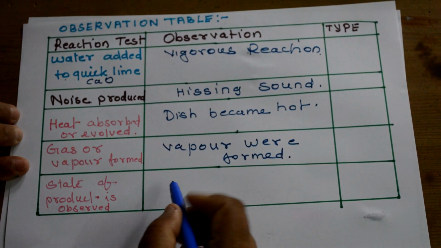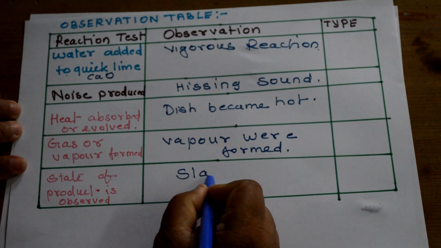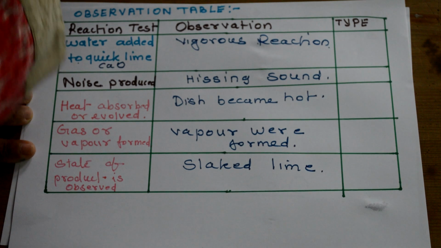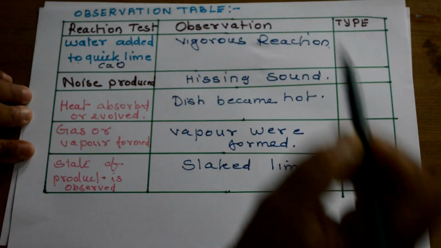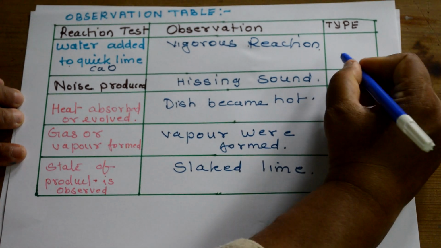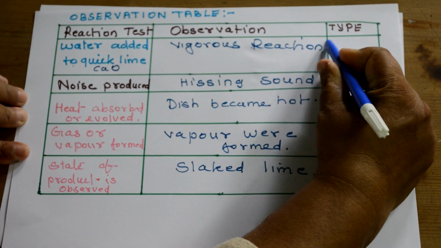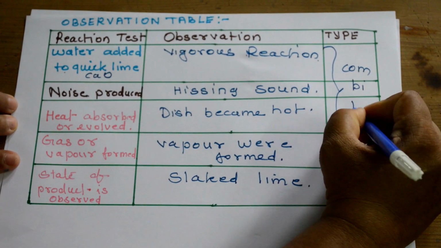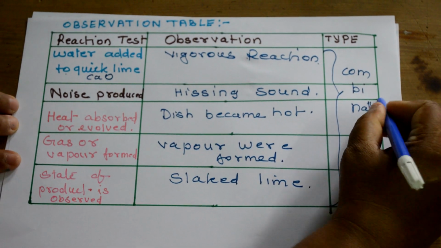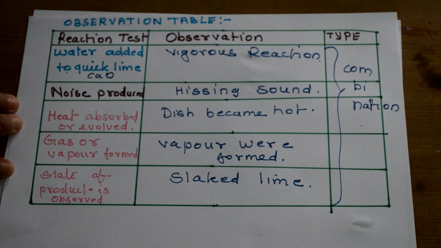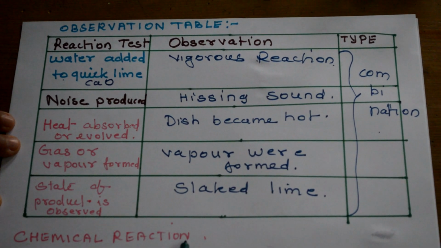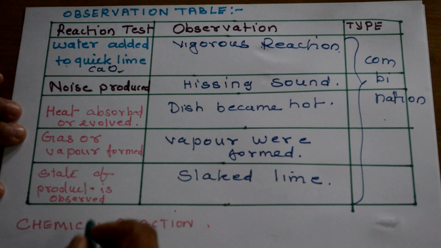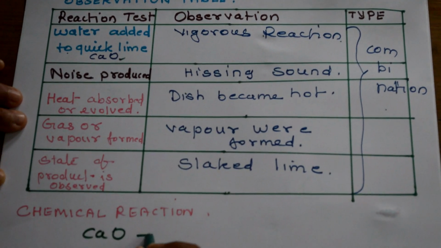The product which was formed is known as slaked lime, and the type of reaction is a combination reaction. Overall we can say combination reaction. Now the chemical reaction which took place during this process: we have taken quicklime, calcium oxide, and water.